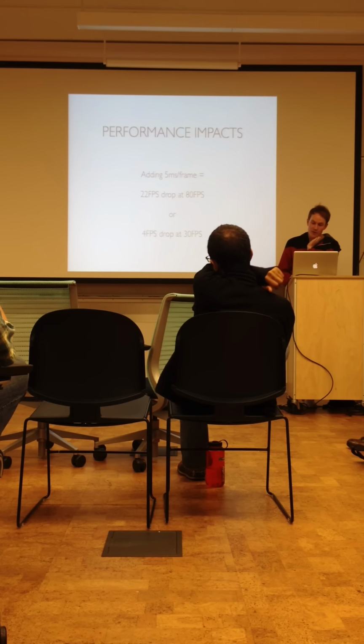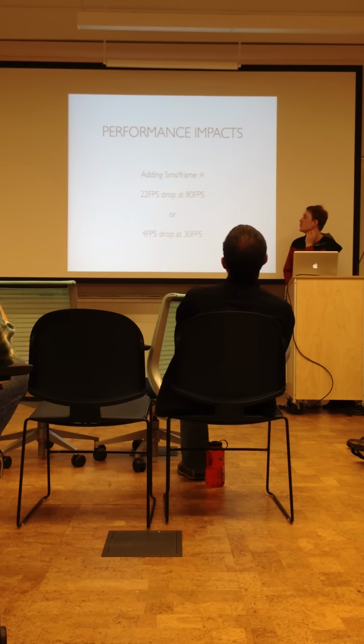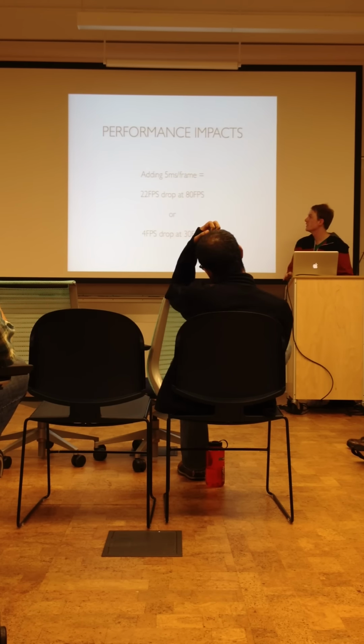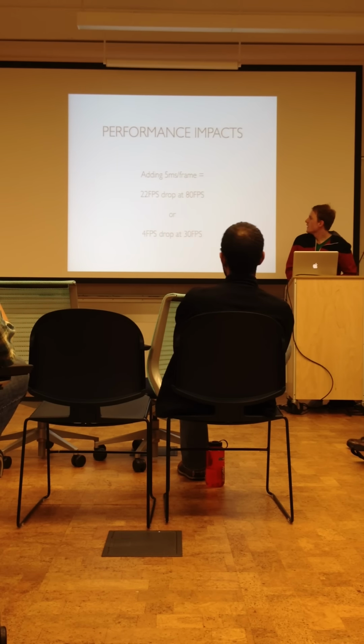If you're trying to hit a higher frame rate, the performance impact on your game is greater, so in terms of optimizations, the higher the target, the bigger the cost.